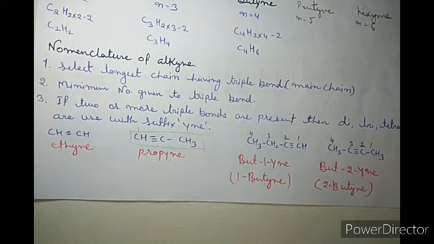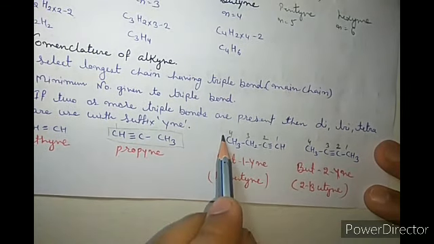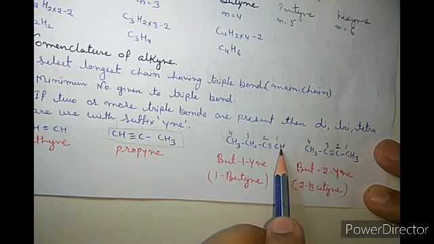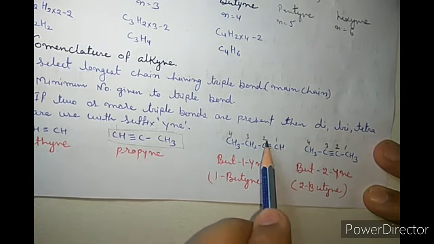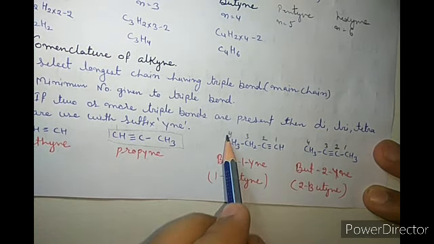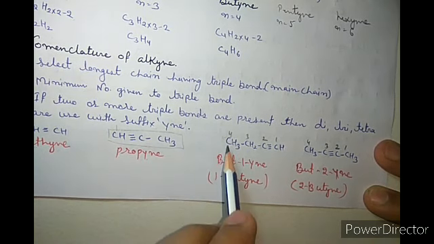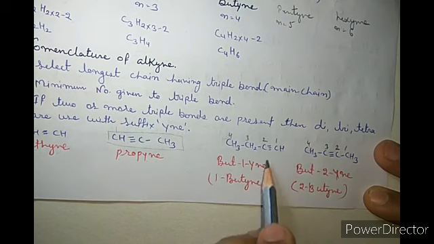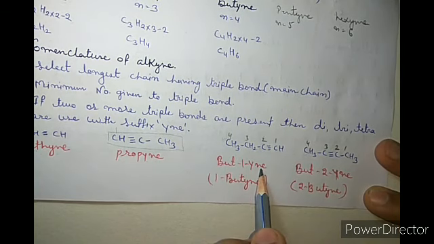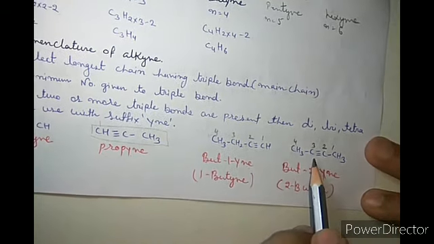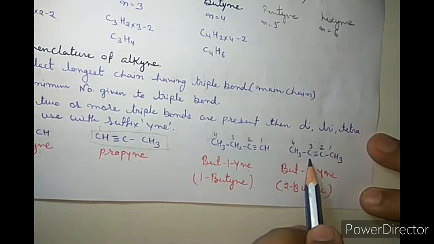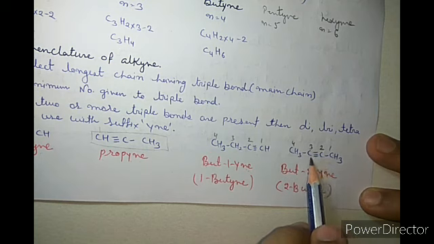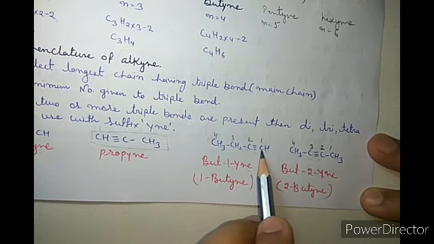Got it? Now this is our main chain. Give the minimum number to the triple bond: first, second, third, fourth. Since there are 4 carbons, that is but. Now we have to locate the position of the triple bond, because that is also butyne, but here the triple bond is present between the second and third carbons, and here between the first and second.